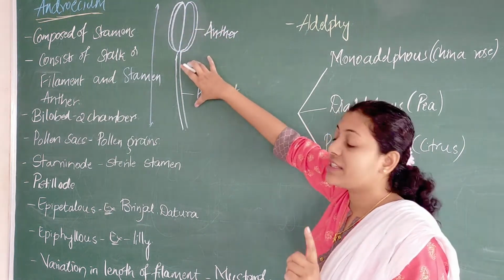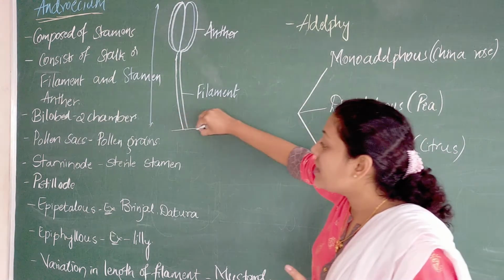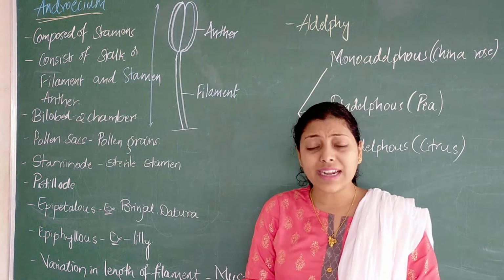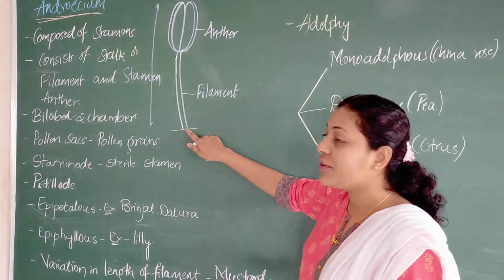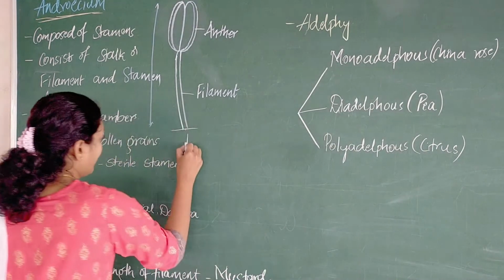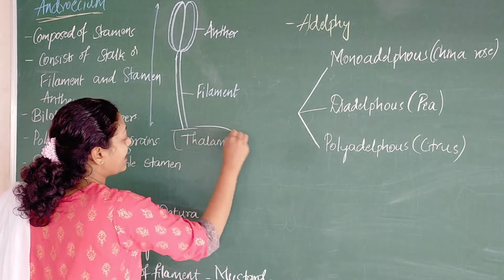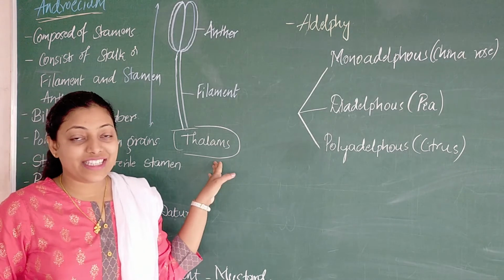So the first part is called the filament or a stalk. Here you can see that this stalk or filament is attached to the thalamus, or receptacle. This is the part which has been attached to the thalamus; it can be called either thalamus or receptacle.